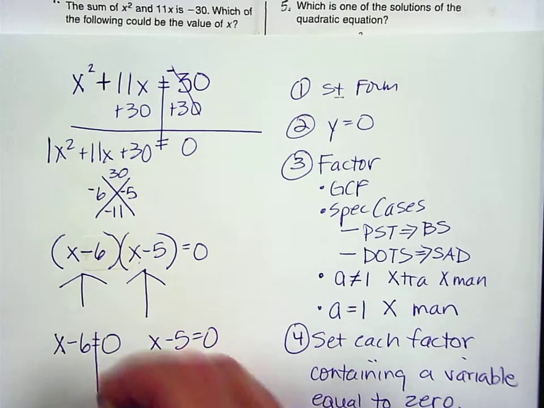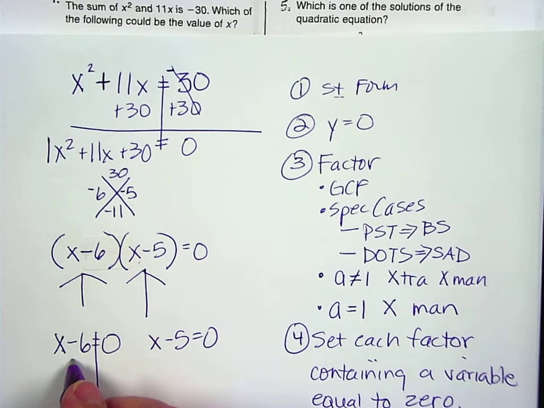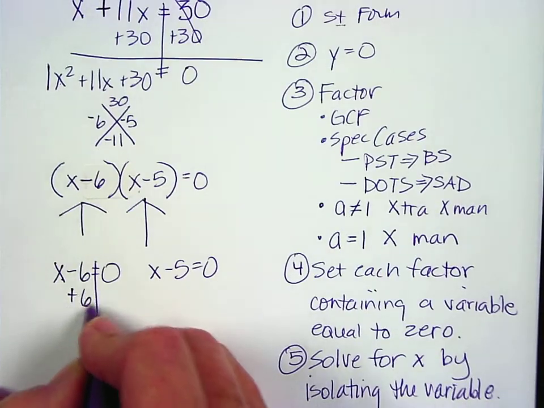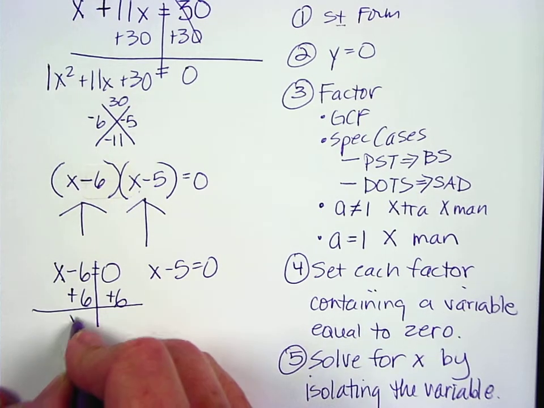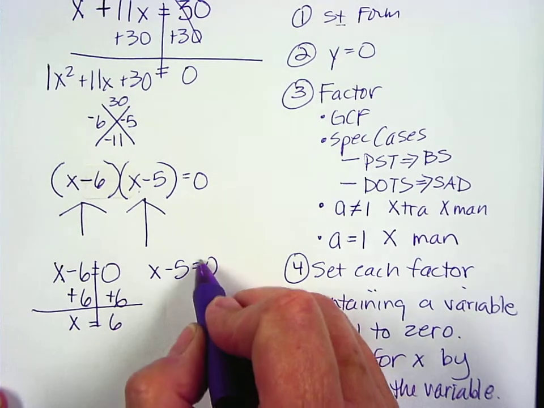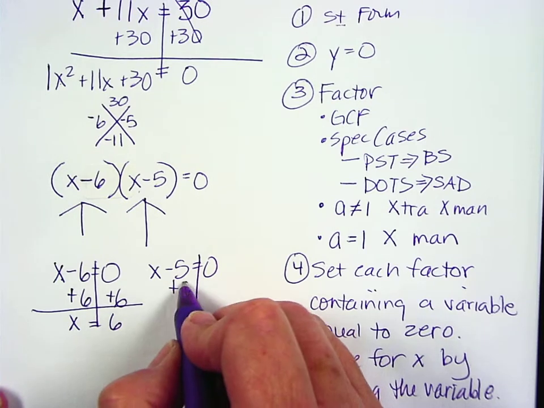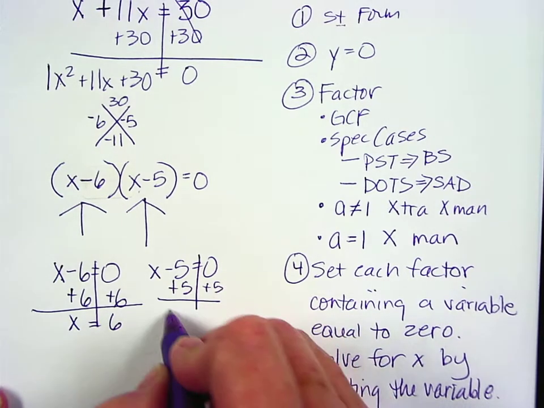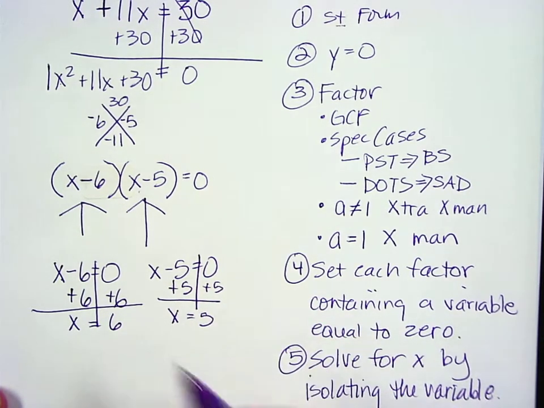So the way I do that, in order to get x alone, I have to get rid of negative 6. So I'm going to add 6 to both sides. x equals 6. And for this one, I'm going to add 5 to both sides. x equals 5. These are my solutions.